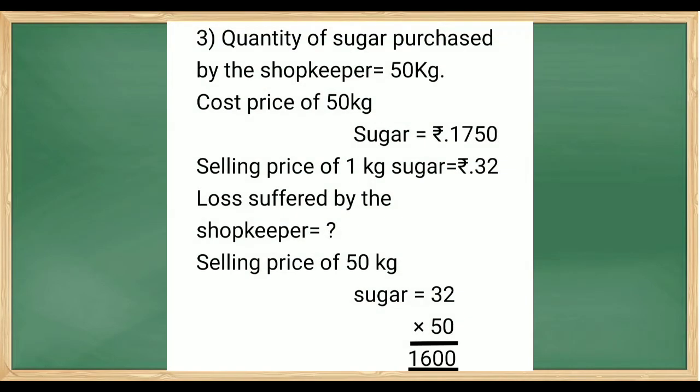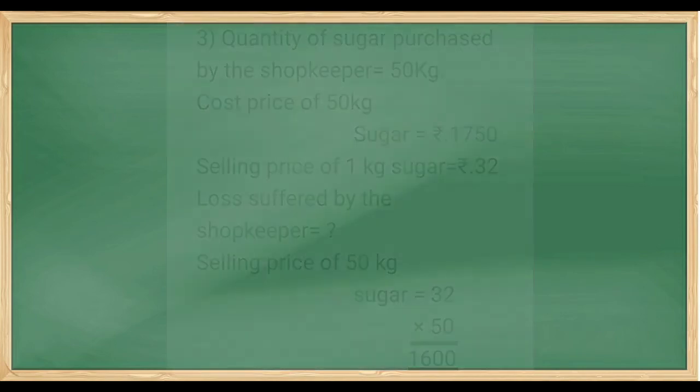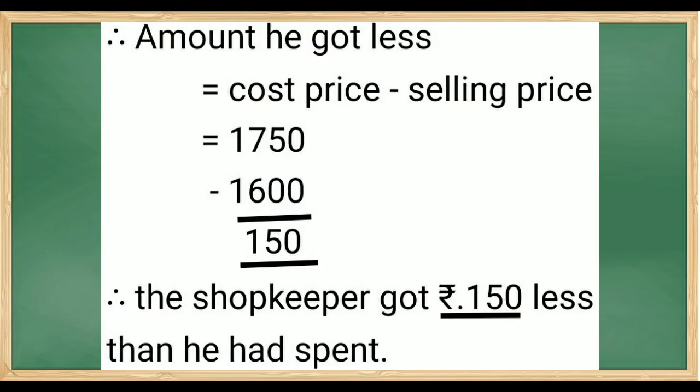Here, after noting down the information provided to us, we shall find out the total selling price of sugar by multiplying 32 and 50. We obtain the product to be 1600. Then, to find out how much less money did he get, we shall subtract the selling price from the cost price.